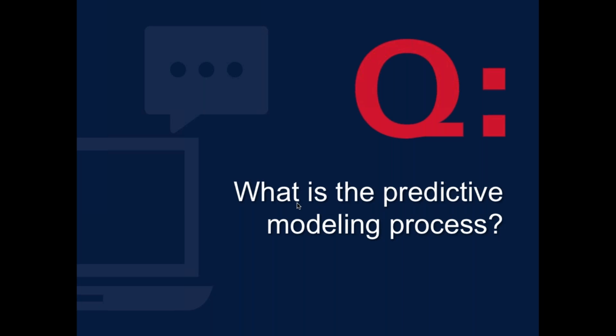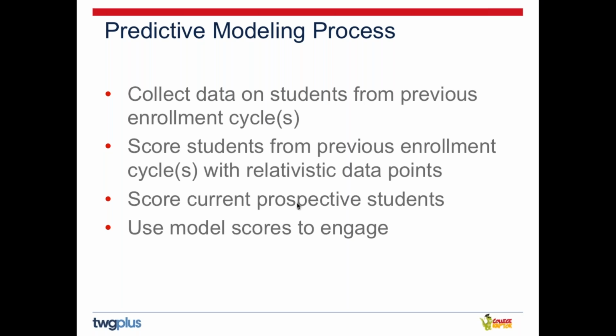Sure, absolutely. When you want to build a predictive model, all you really need to do is collect data from students who've enrolled previously or not enrolled previously. You're going to look at the last year, two, maybe three years of data, and you're going to standardize that. Let's say students that enrolled in the fall of 16, fall 15, fall 14. If you've got three years, that's great.